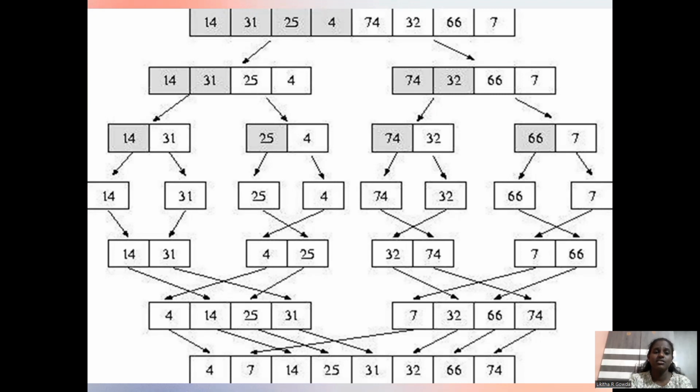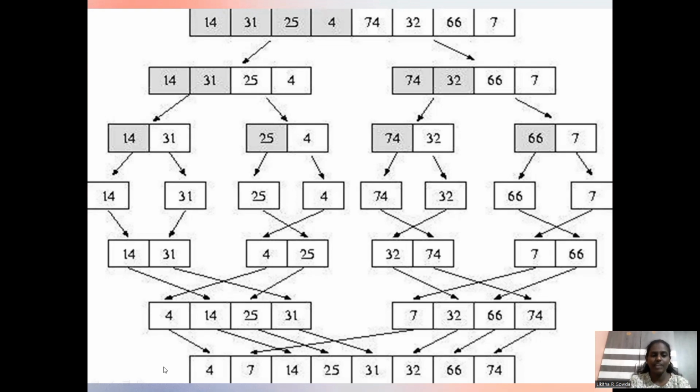And both of these are going to be divided into units. This is nothing but 14 and 31 are divided so that it can't be divided further, and so on for everything.